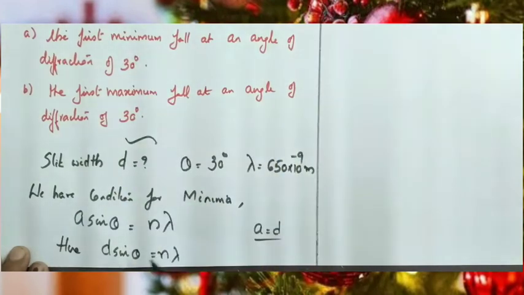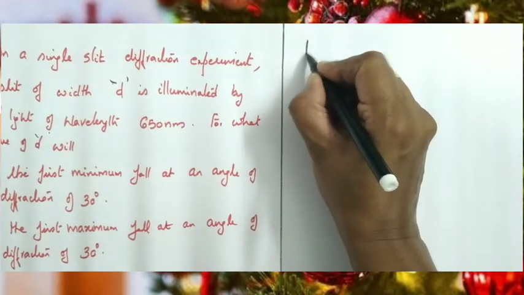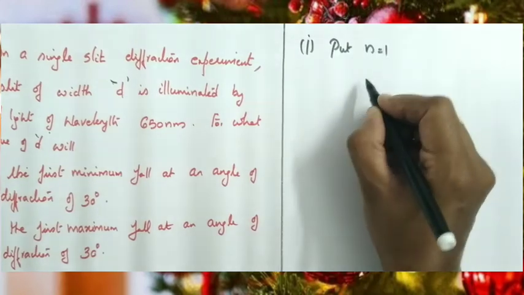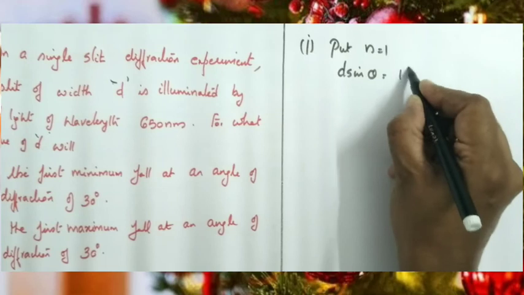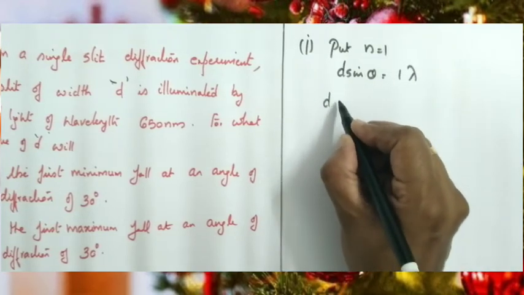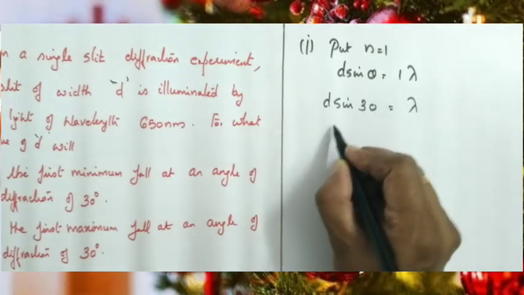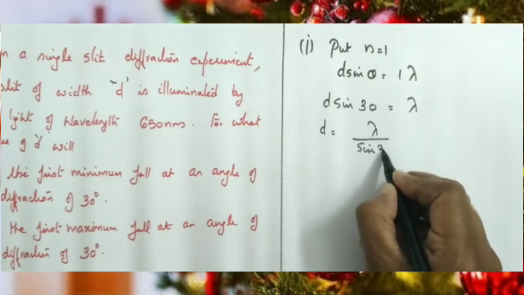Here first minima means we have to put n equal to 1. We can write D sin theta is equal to 1 lambda. D we have to find out. So, D into sin 30 is equal to lambda, or D is equal to lambda divided by sin 30.